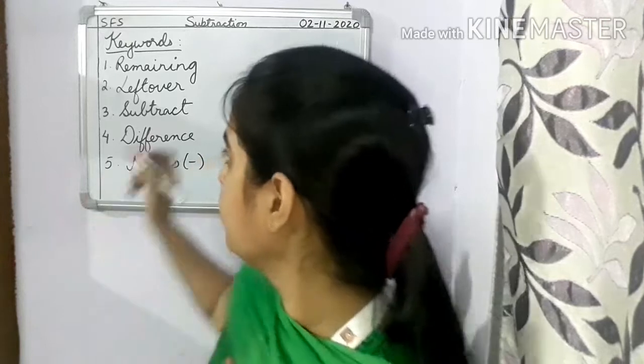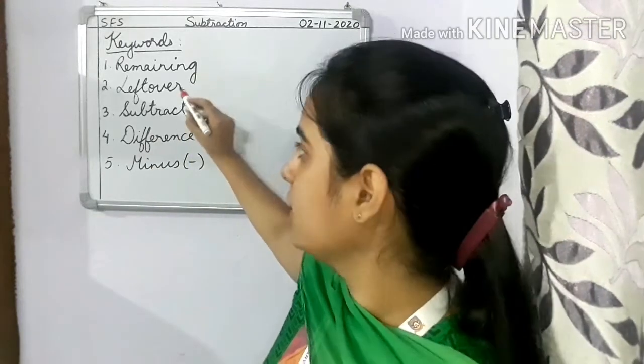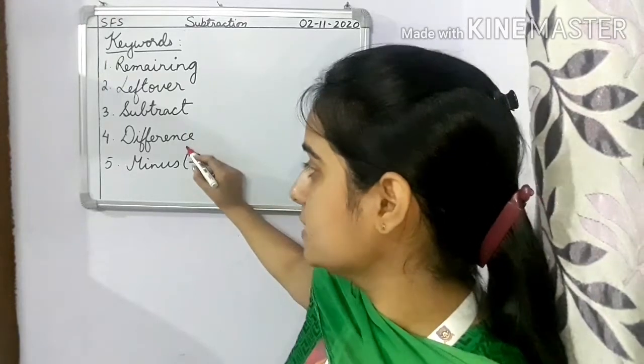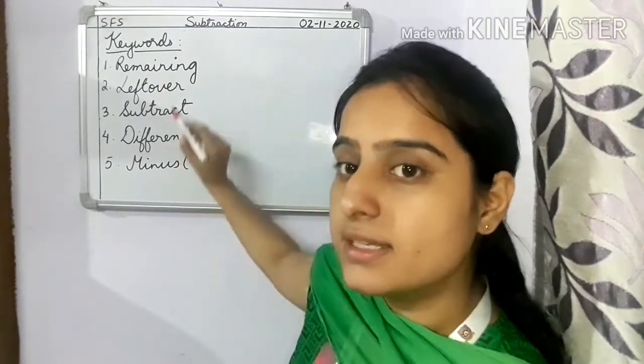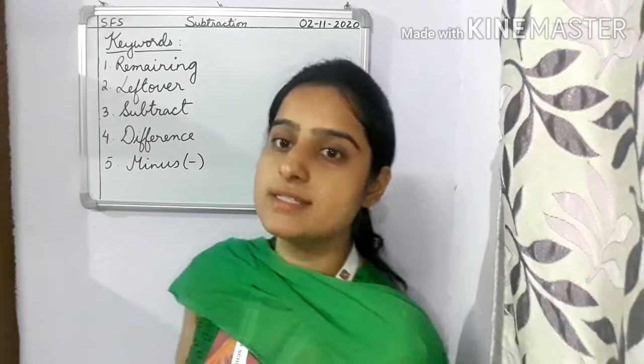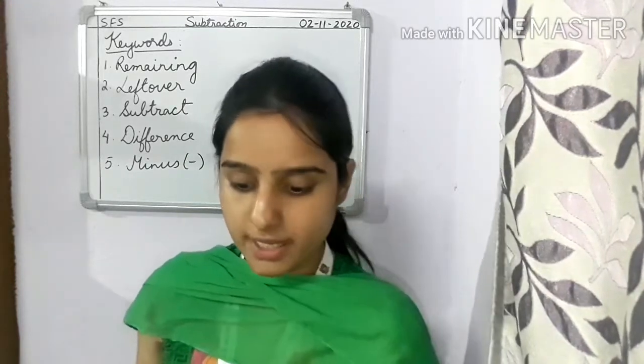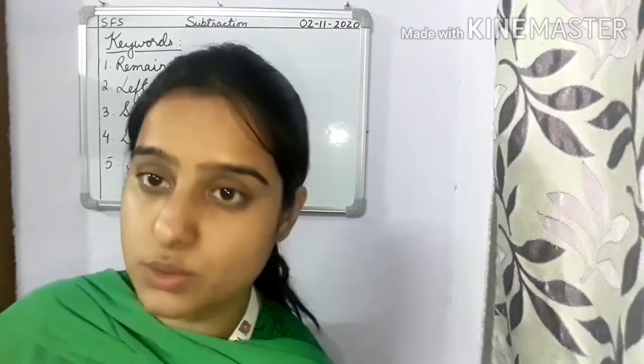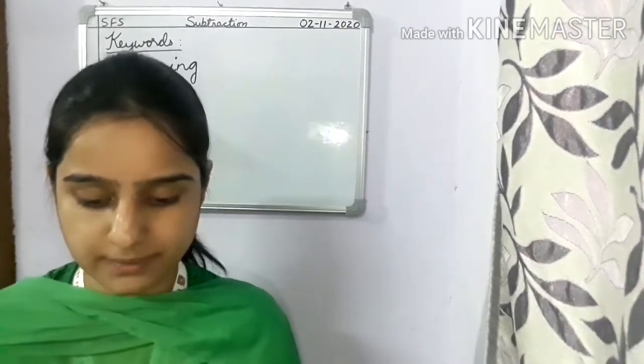Now, children, there are some keywords like remaining, leftover, subtract, difference, minus. These words are used in subtraction. Okay, so as I gave you the example of chocolates, let's do it again with that example, children.